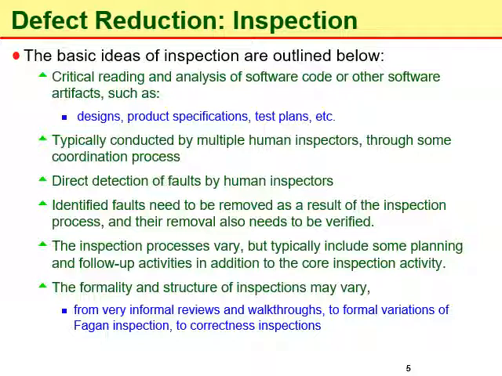In fact, inspection is most commonly applied to code, but it could also be applied to other artifacts such as requirement specifications, design, test plans, test cases, user manuals, and other documents or software artifacts.